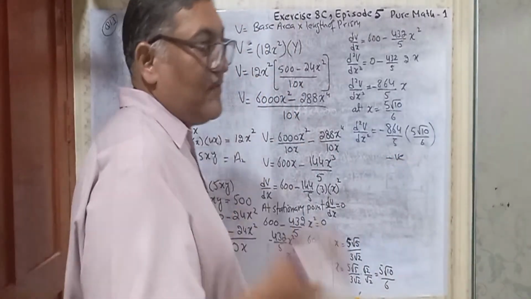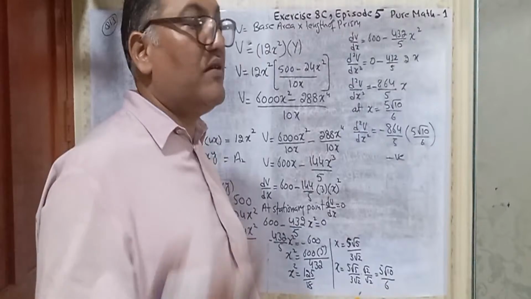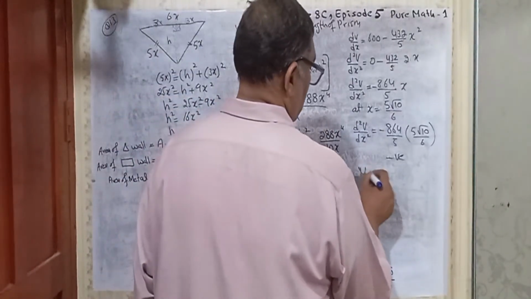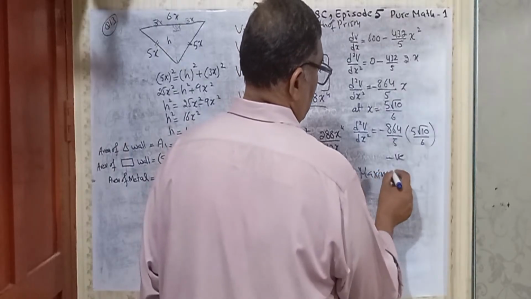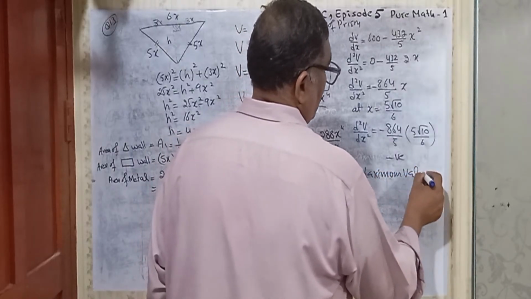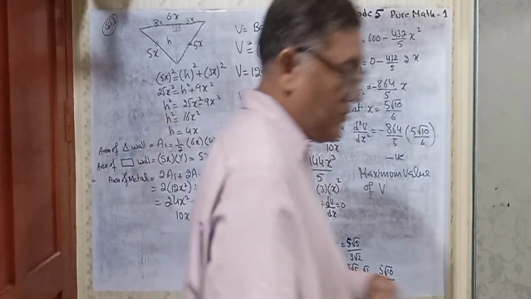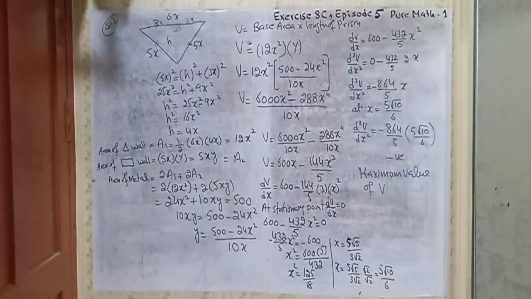So if the second derivative, when you put the value of x there, is negative, that means it's a maximum value of v. Okay. The value of v will be maximum because the second derivative's answer is negative.